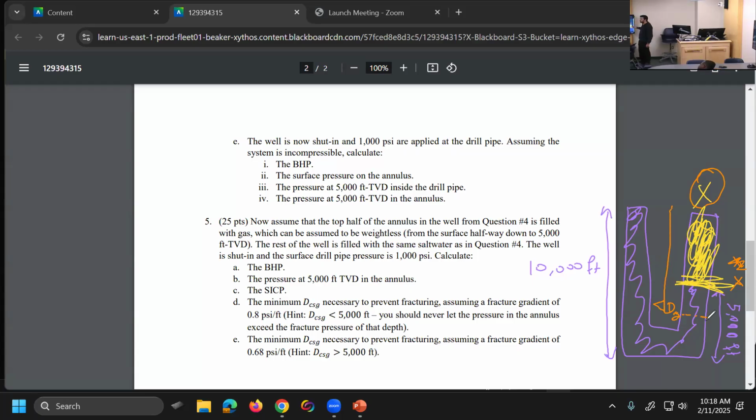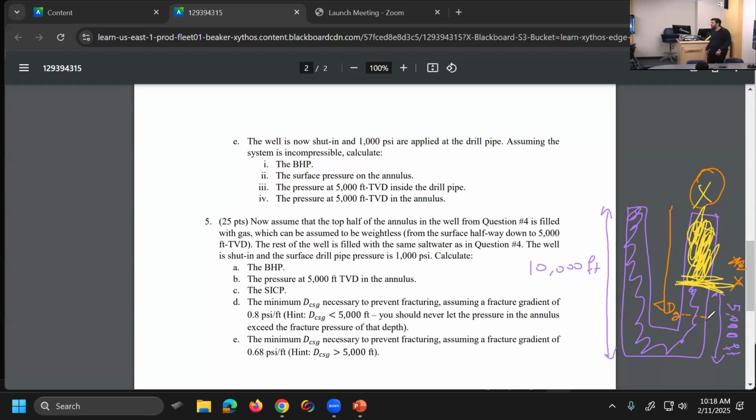I know the fracture pressure is 0.8 dCSG. So I need to do X equals 0.8 dCSG. If I know X, I can figure it out. I mean, don't I know X already?